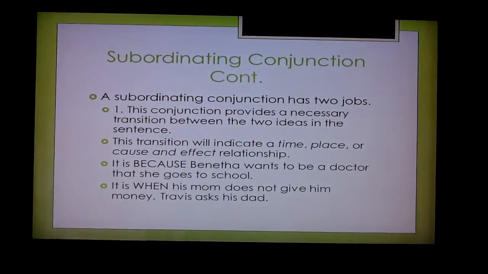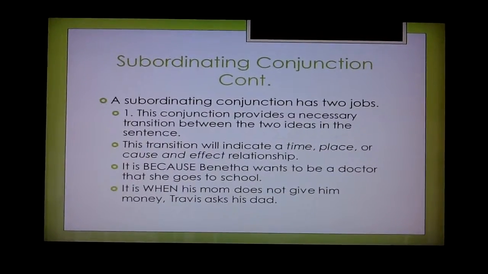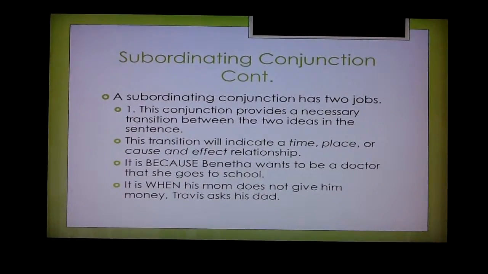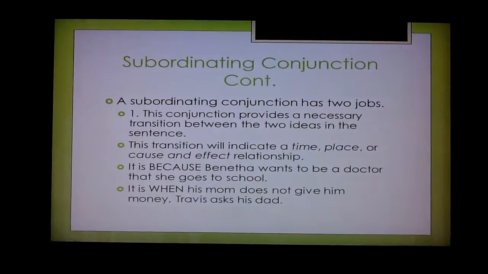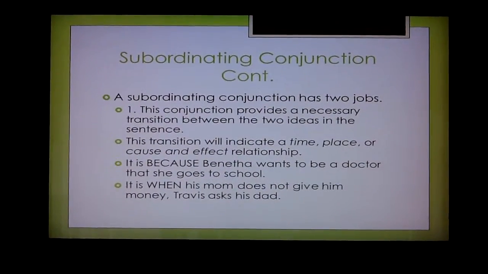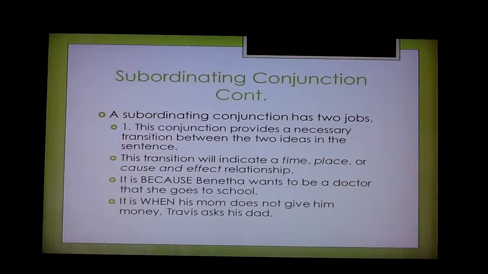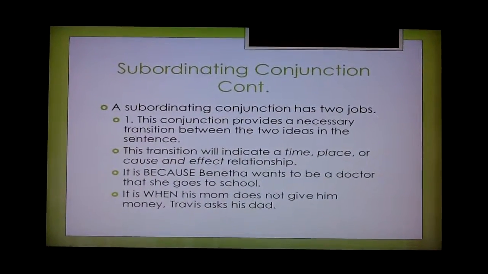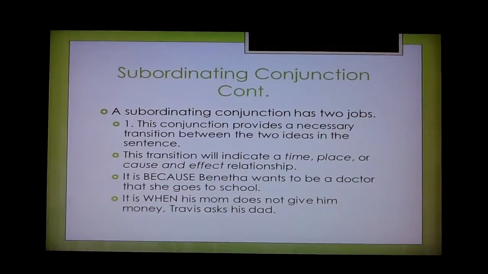A subordinating conjunction has two jobs. The first, it provides a necessary transition between two ideas in the sentence. The transition will indicate a time, place, or cause and effect relationship. In our earlier example, Benita wants to be a doctor, so she goes to school. It is because Benita wants to be a doctor that she goes to school.